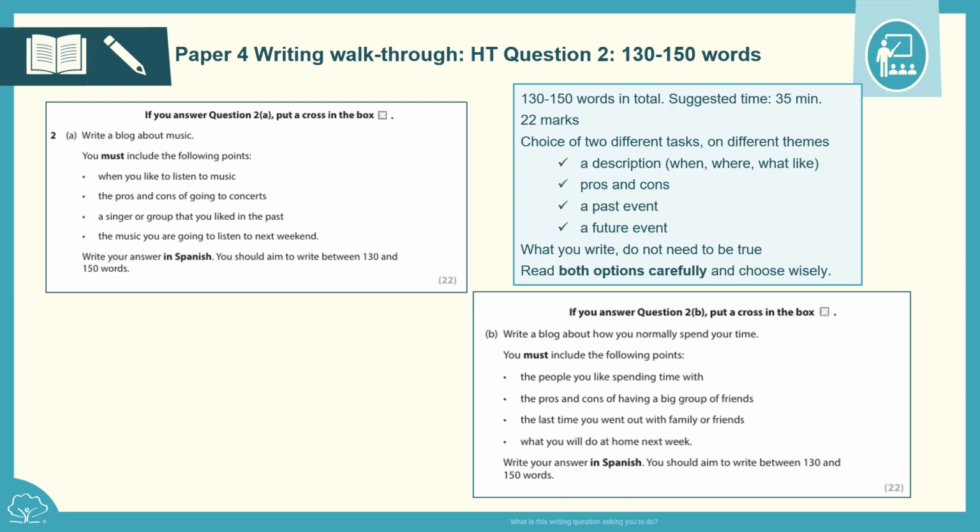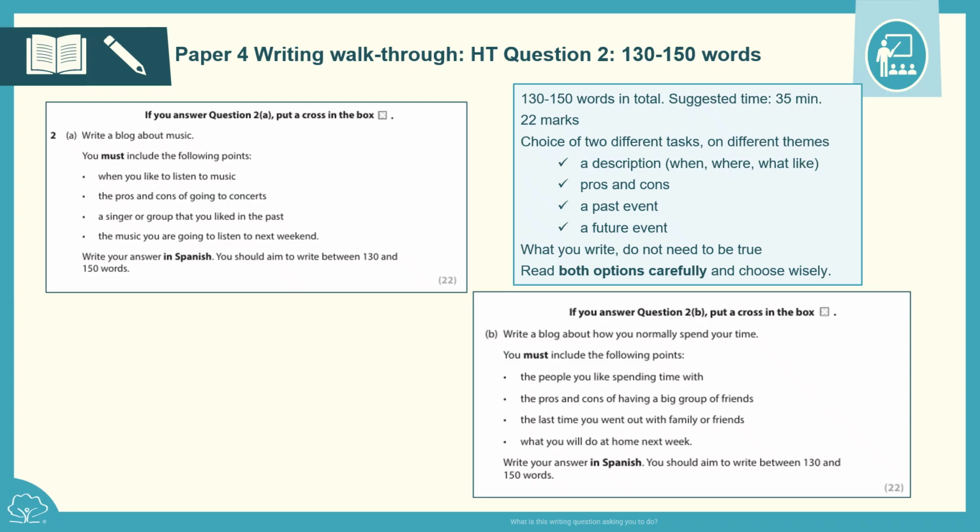It is 100% recommendable to use both types of past tenses and both types of future tenses in order to secure the marks. In this question, you also must include a third person opinion, what someone else thinks about something, that could even support your pros and cons.